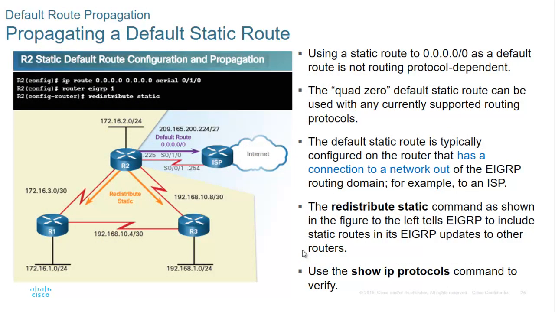How do we propagate a default static route to the other routers? As we have learned before, static routes are not advertised. So in EIGRP, we use the redistribute static command to send this default route to other routers within the topology.